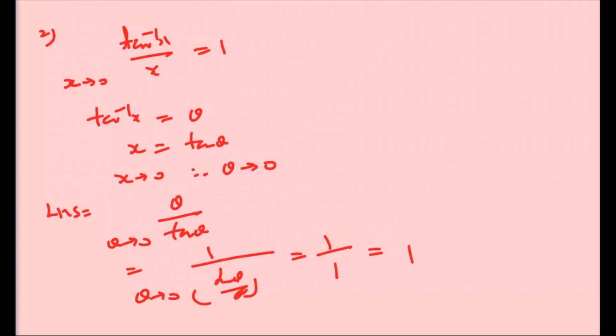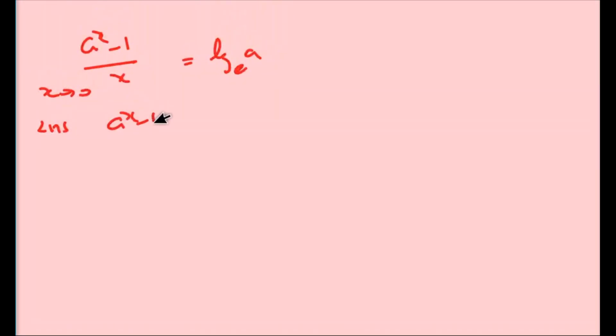Now I want to also revise some exponential limits. The limit of (a^x minus 1) upon x as x tends towards 0 is equal to log_e a. How can you prove this? Using the series of a^x. What is the series of a^x?